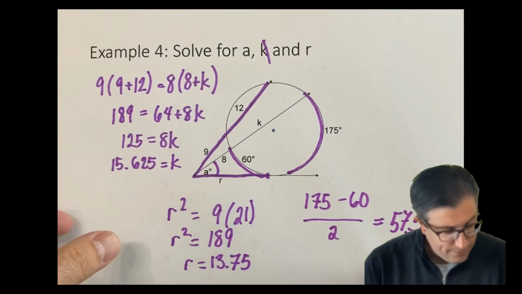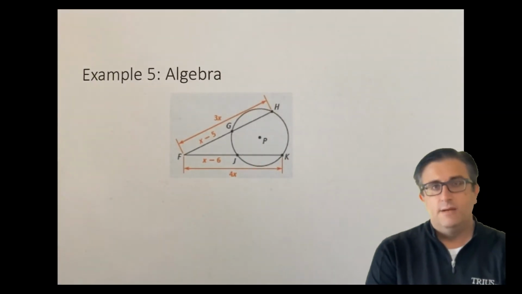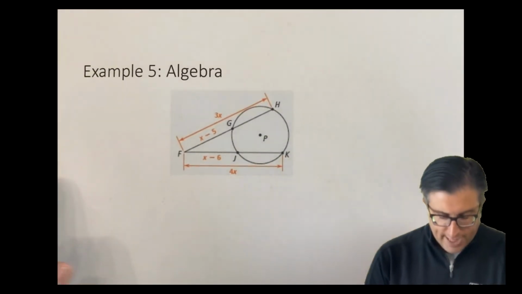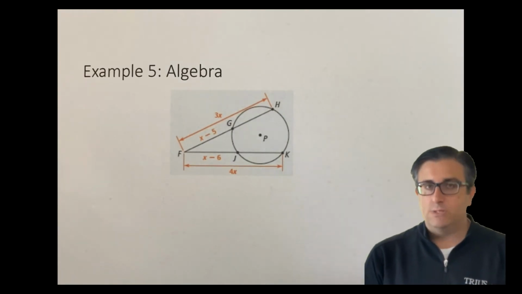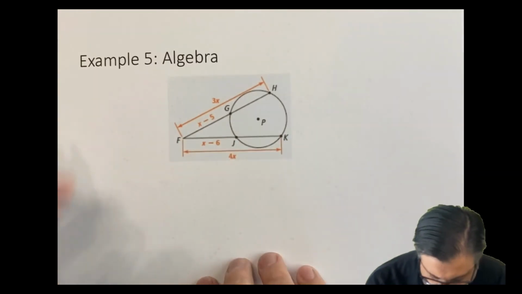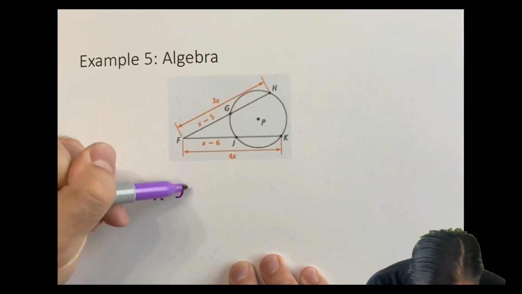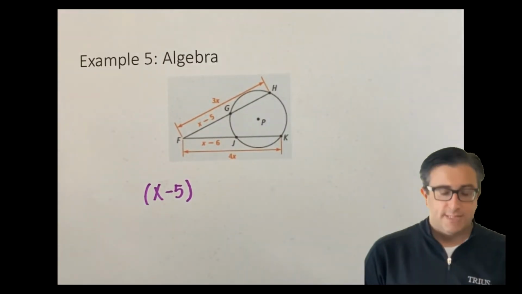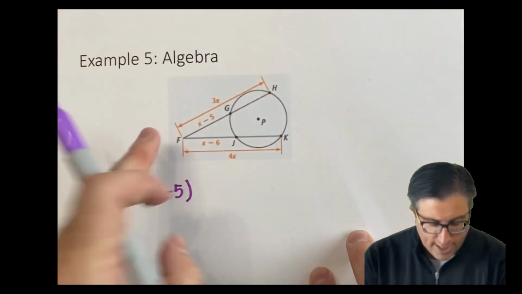All right, on to problem 5, where we have a little bit of algebra. So this is the baby algebra problem because it's pretty straightforward. It's secant-secant, so I'm looking for outside times entire length. Outside in this problem is x minus 5. They clearly labeled how long the entire length is.